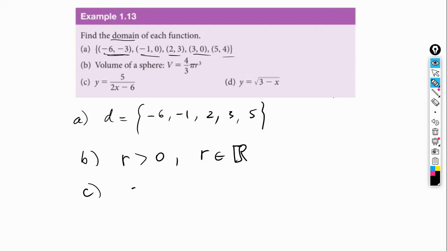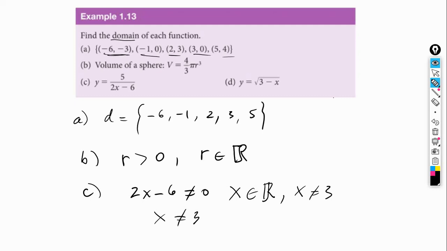Therefore, we can say that 2x minus 6 cannot equal 0. That would be the only restriction. So if we solve for x, we're going to get that x cannot equal 3. Therefore, for the domain, we can say that x belongs to the reals, or x can be any real number, but x cannot equal 3.